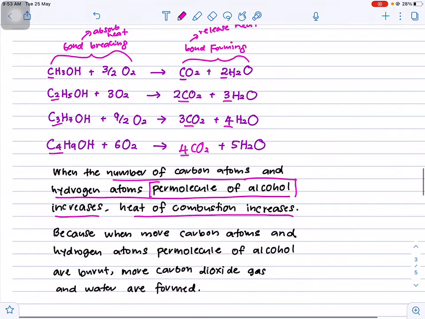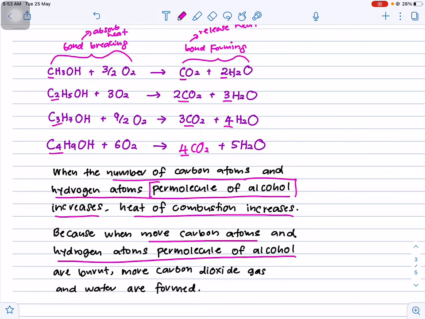Okay, so as the number of carbon atoms and hydrogen atom per molecule of alcohol increase, the heat of combustion will be increased. Okay, the reason is when we have more carbon atoms and hydrogen atoms per molecule alcohol, more, 1, 2, 3, 4, more carbon and more hydrogen. This is 4, this is 6, this is 8, this is 10. Okay, burn.